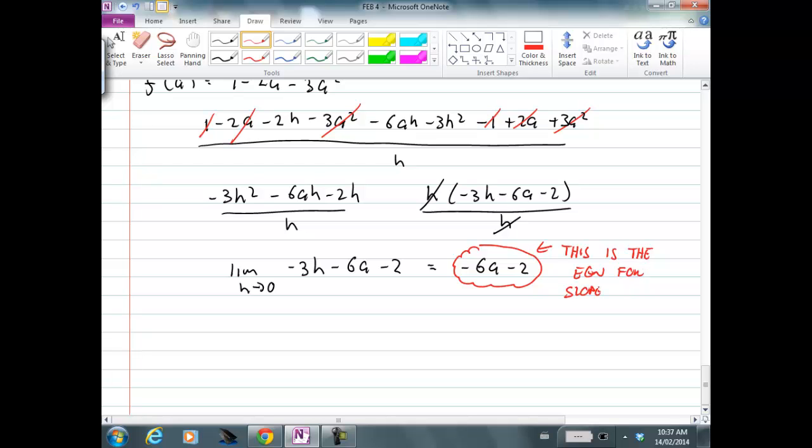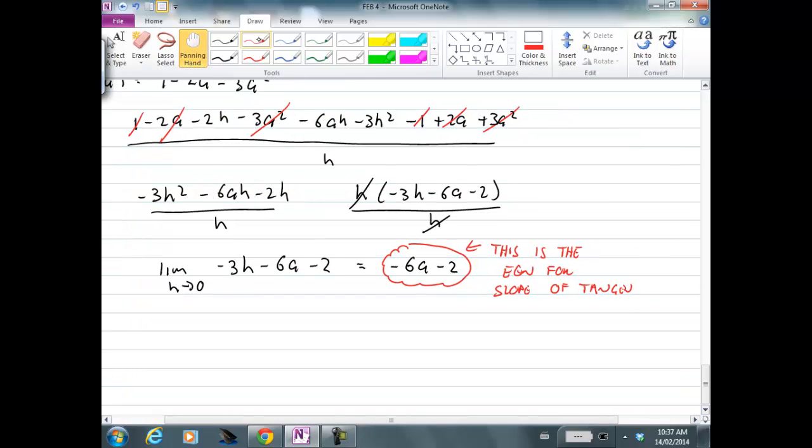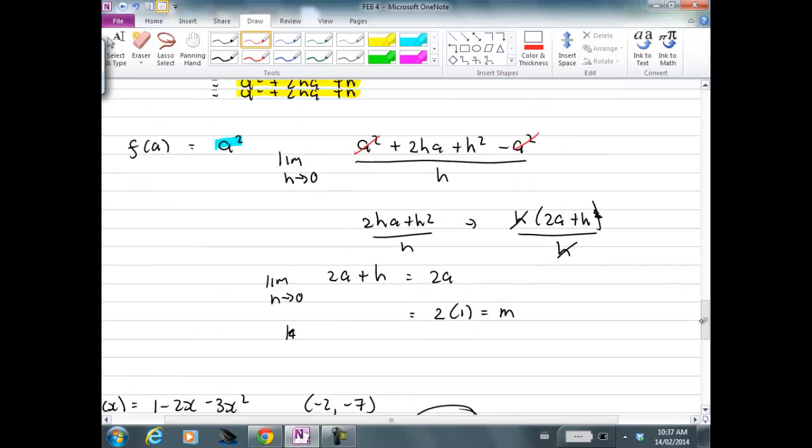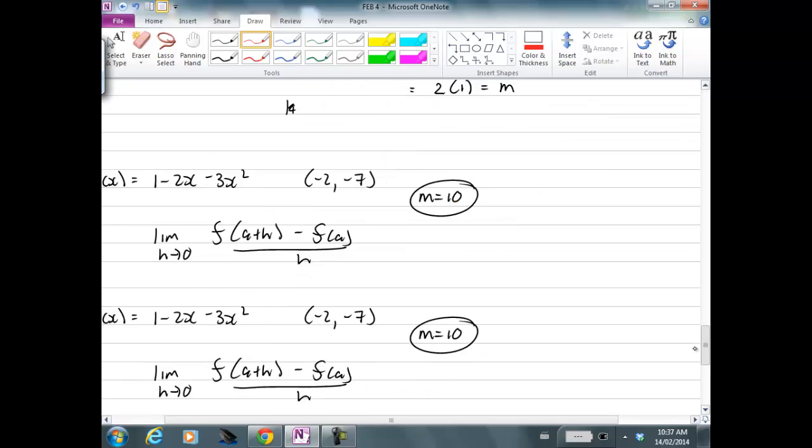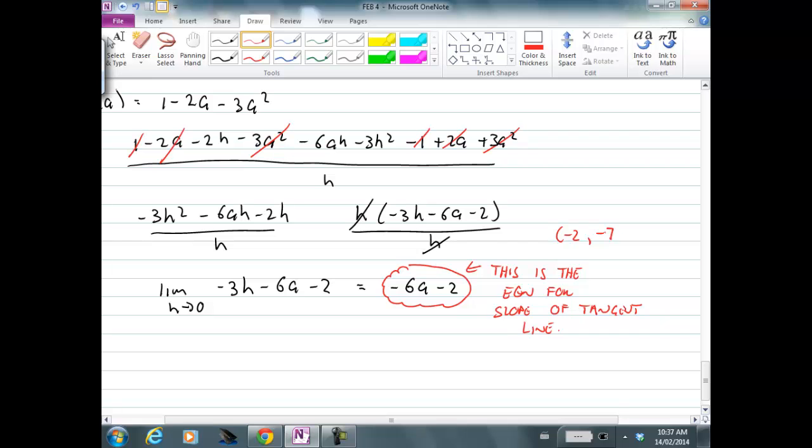Not the equation of the line, but just the slope of the tangent line. So now, my coordinate was negative 2, negative 7. When you plug in a equals negative 2, negative 6 times negative 2 minus 2 gives you a nice 10.